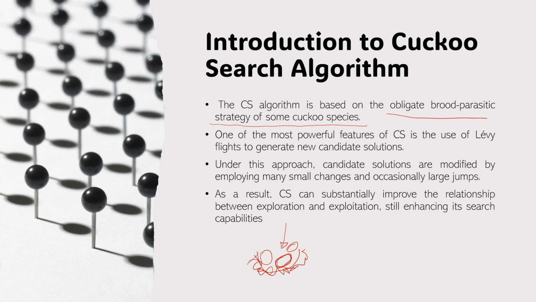And once it hatches, the instinct of the baby cuckoo is to destroy the eggs of the host species by throwing them out of the nest, so that only it can be sustained and the other eggs of the host species cannot.